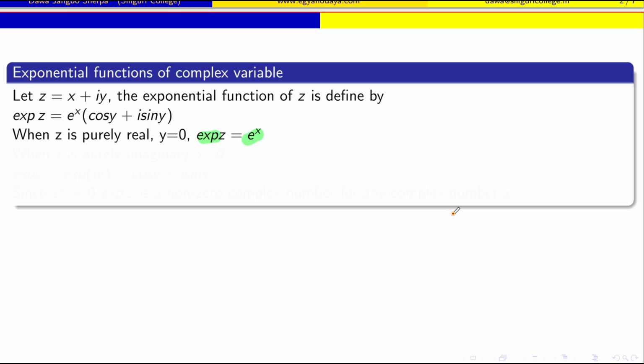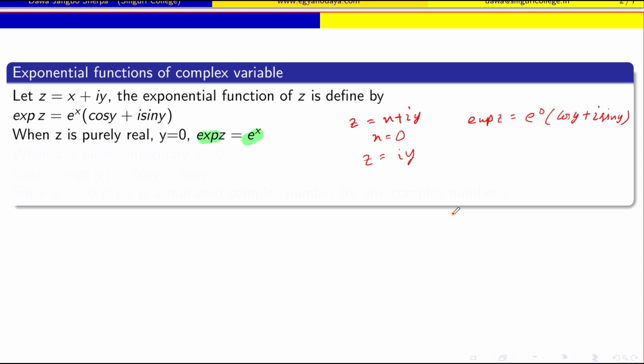Now similarly, when z is purely imaginary, that means z is equal to x plus iy with the real part x equal to 0, we get z equal to iy only. So in that case, exp z will be e to the power 0 into cos y plus i sin y.